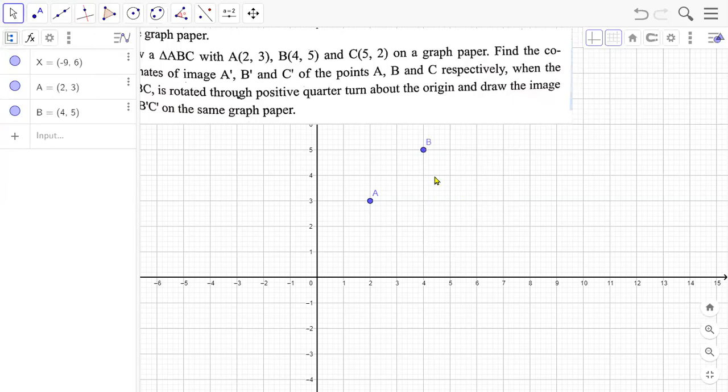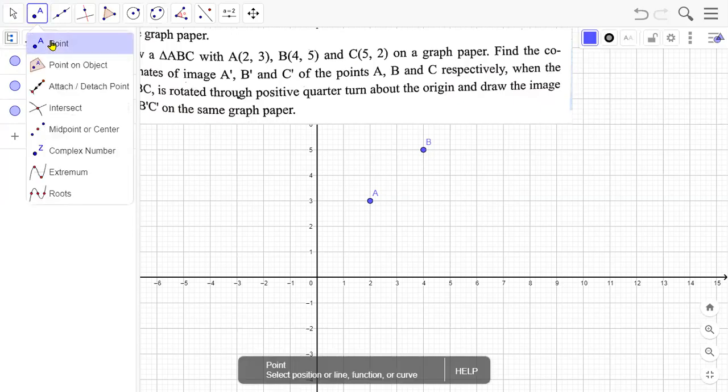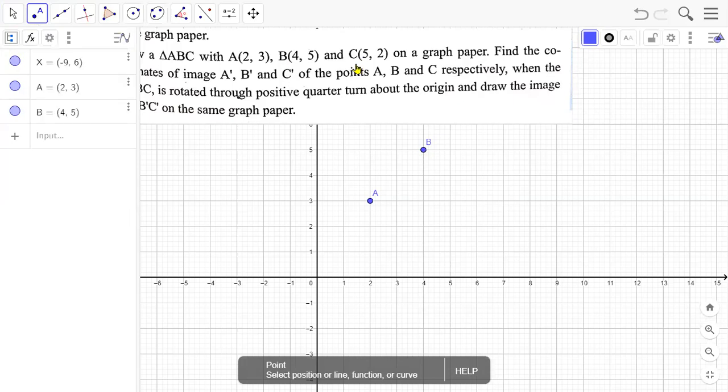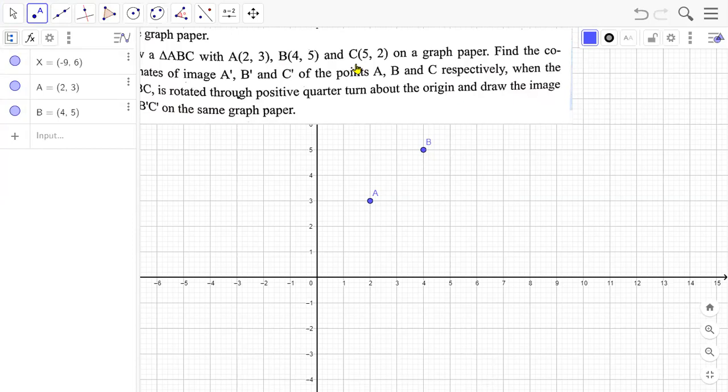Here we have just plotted these 2 points A and B, and let's plot the next vertex C. Okay, what is the coordinate of the next point C? Sir, you can see on the screen.